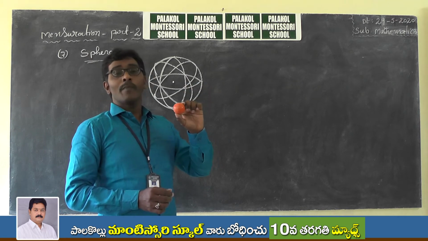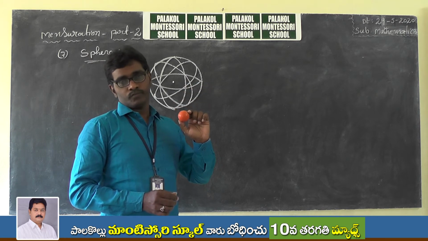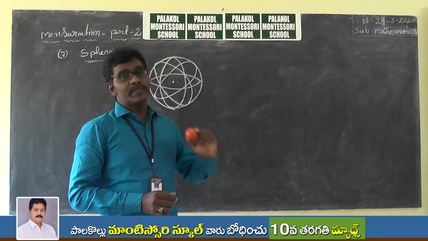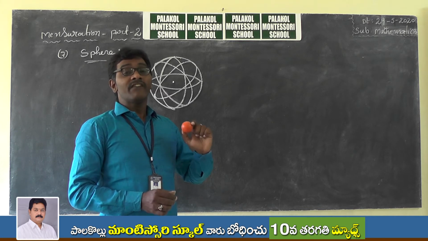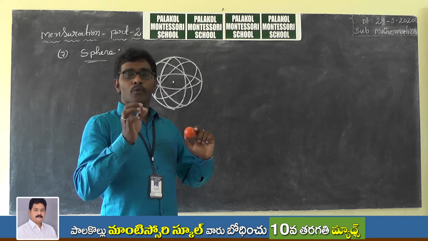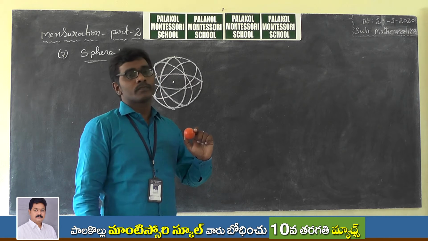It is a geometrical object. How to define the sphere? The set of points that are equidistant from a fixed point.